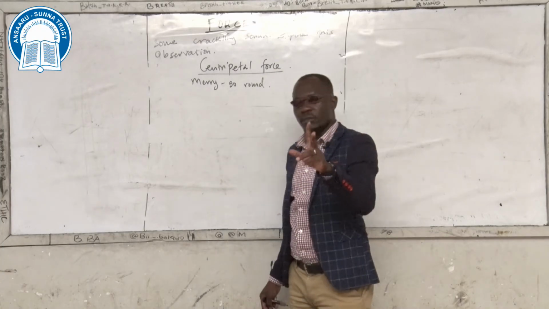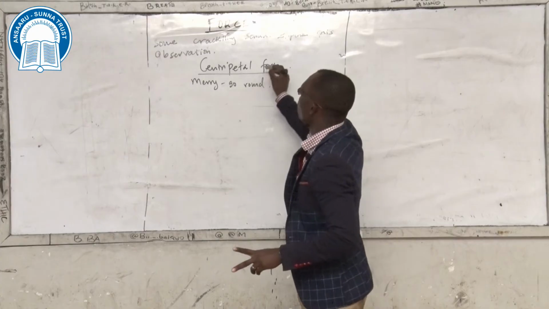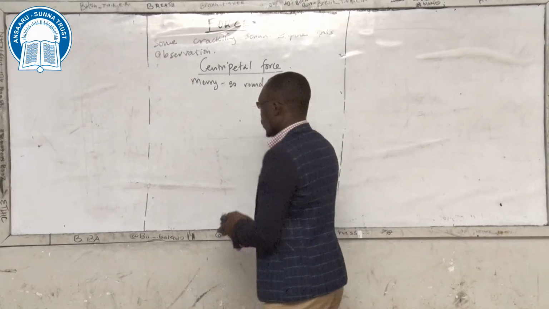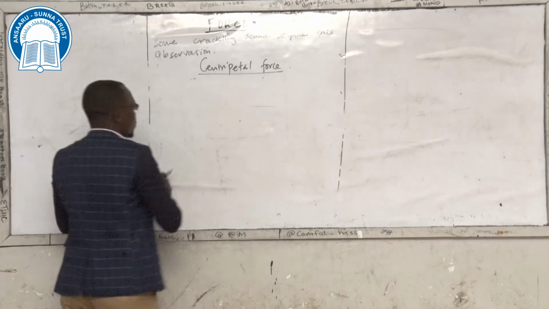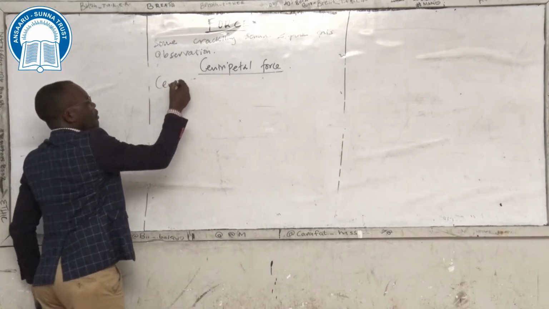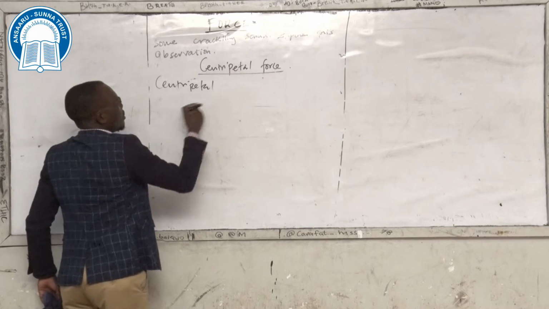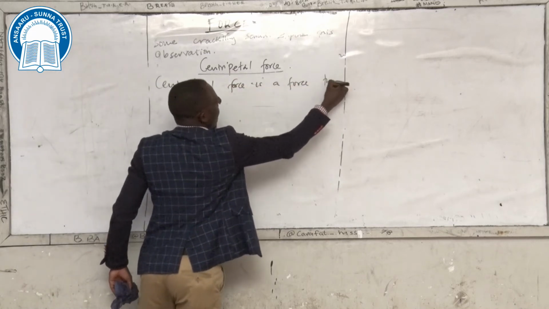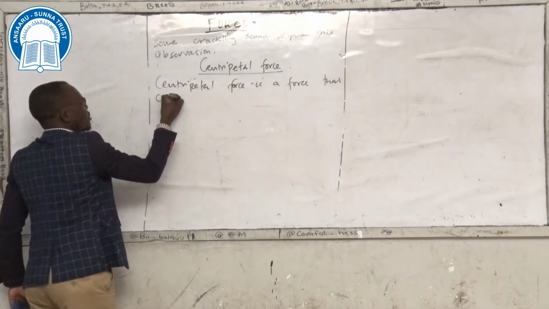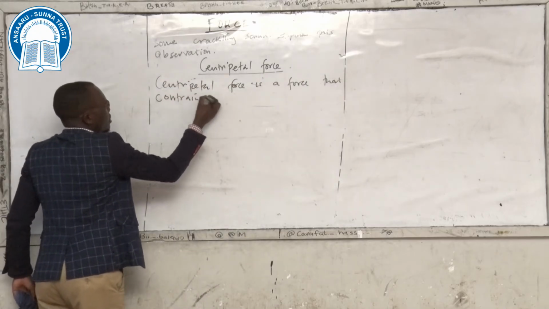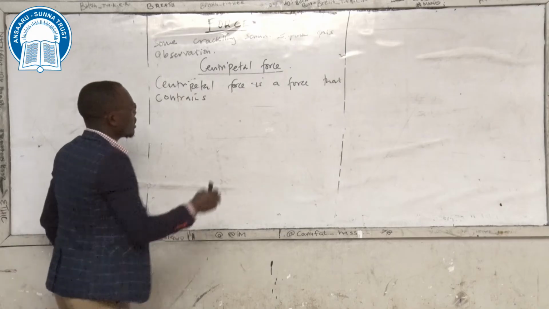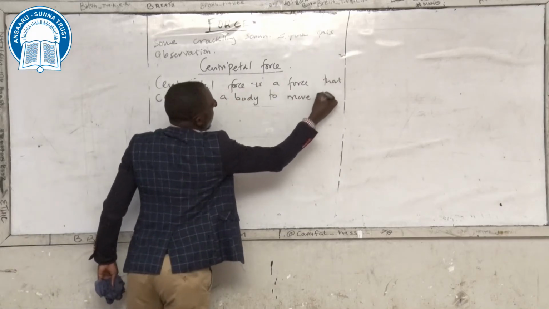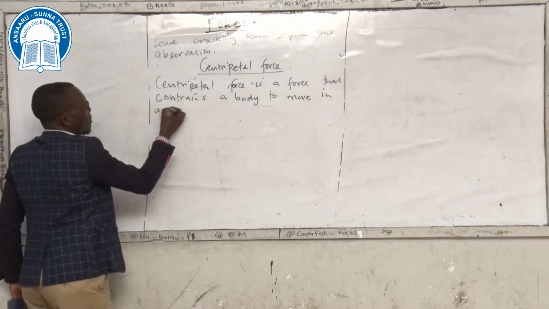Now, all these observations are due to a force. We call it centripetal force. How do we define centripetal force? Centripetal force is a force that constrains a body to move in a circular path.